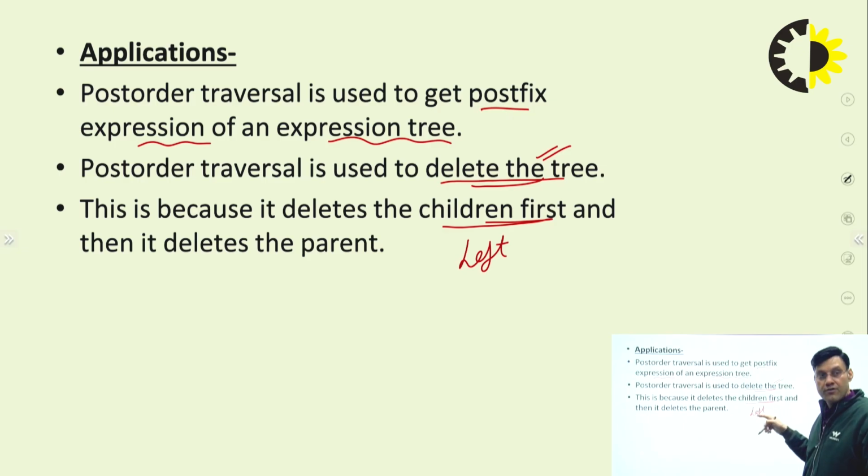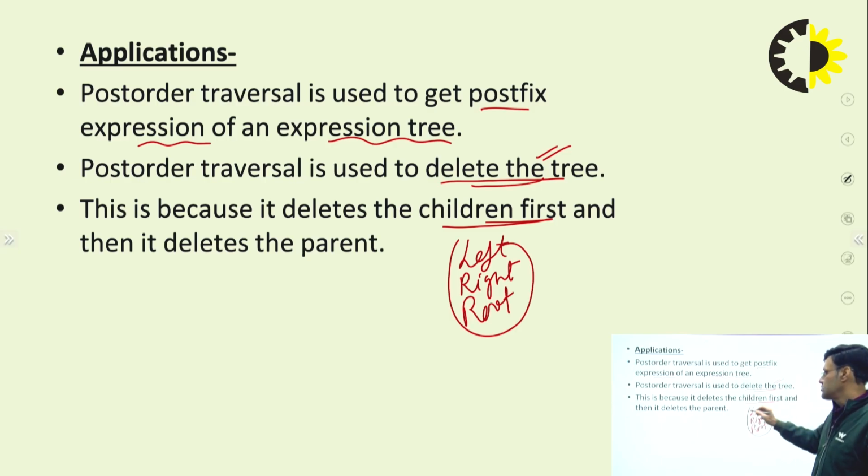So left node will be a child of a root node, right? Then secondly, we will prefer right node. Right node again is the right child of a root node. Then at last we will reach to root node, right? So it deletes the children first and then it deletes the parent. Okay, this root node is the parent, right, students?